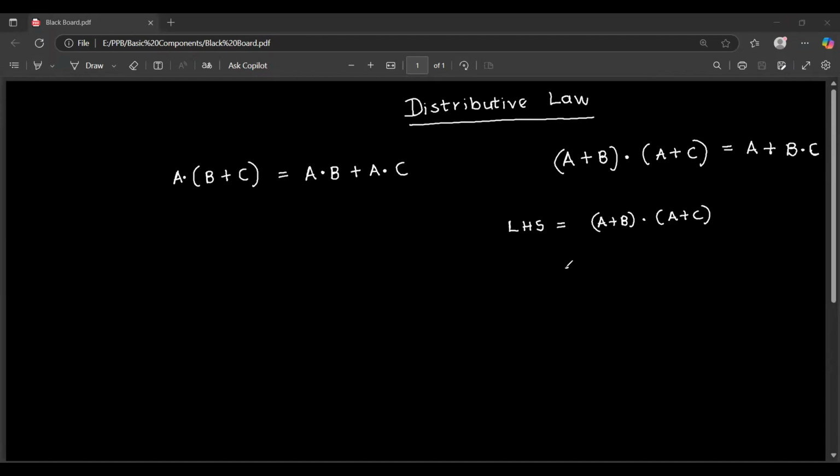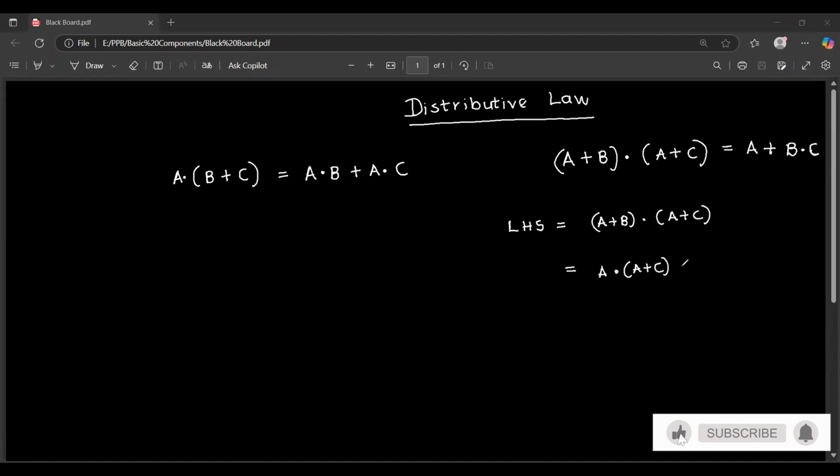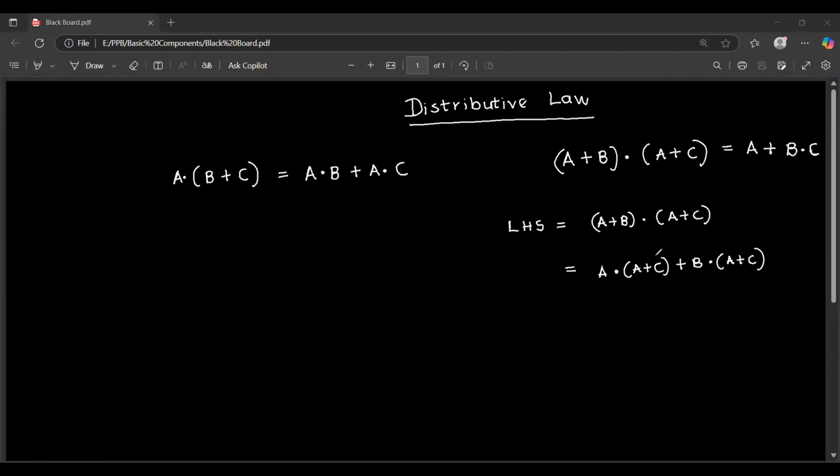What we can do is expand this. How do we normally expand this? This can be represented as a dot (a plus c) plus b dot (a plus c). It's like expanding a binomial expression. I know this is not binomial, but I'm just saying.